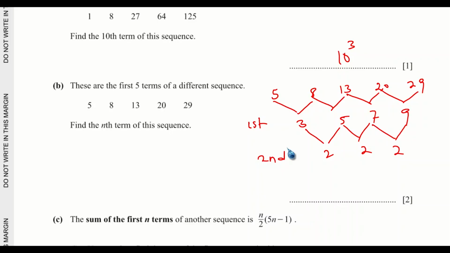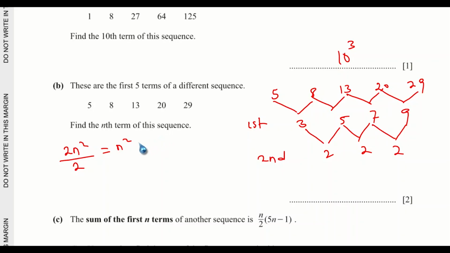Okay. So what you need to do is, the first thing you need to do is to multiply this common difference by n squared. Then you divide by 2. Okay, so this will give us n squared.